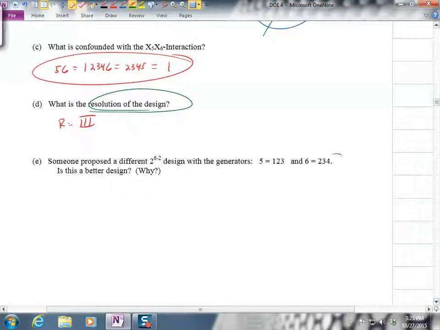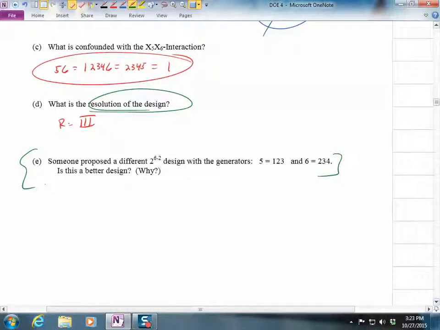Okay, so now someone proposed a different design. How are you going to compare them? I'll just give you a minute to make sure you all get to that point.